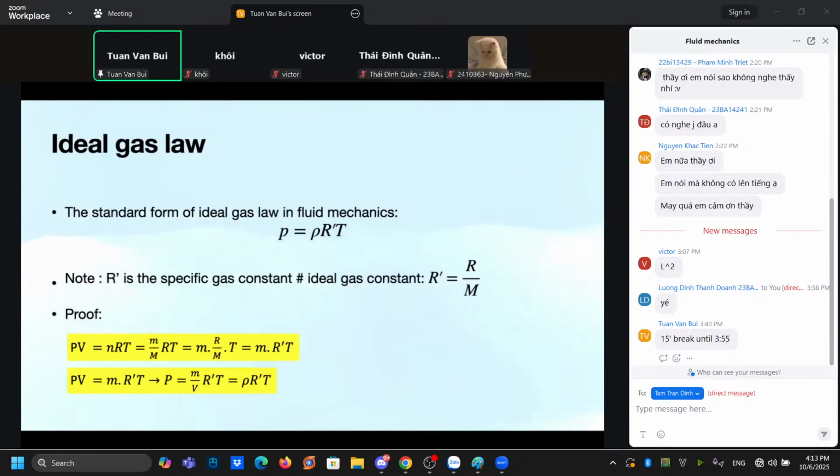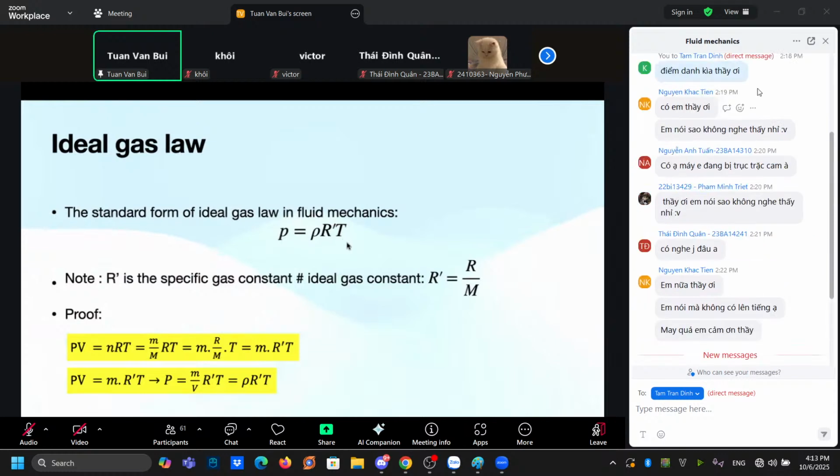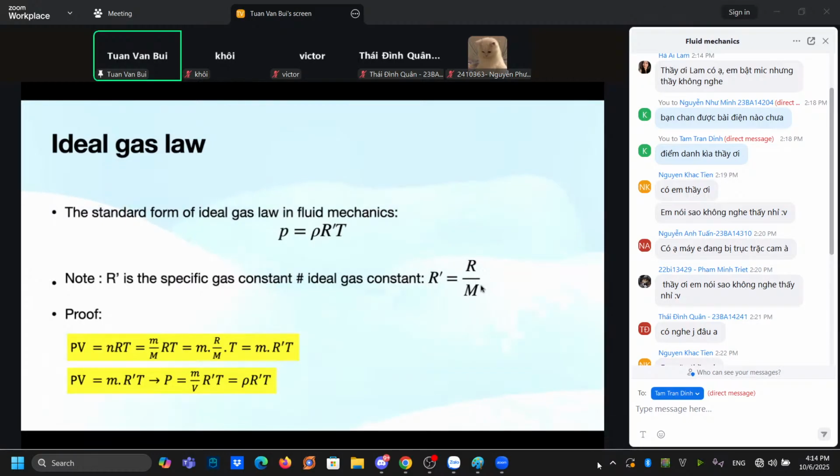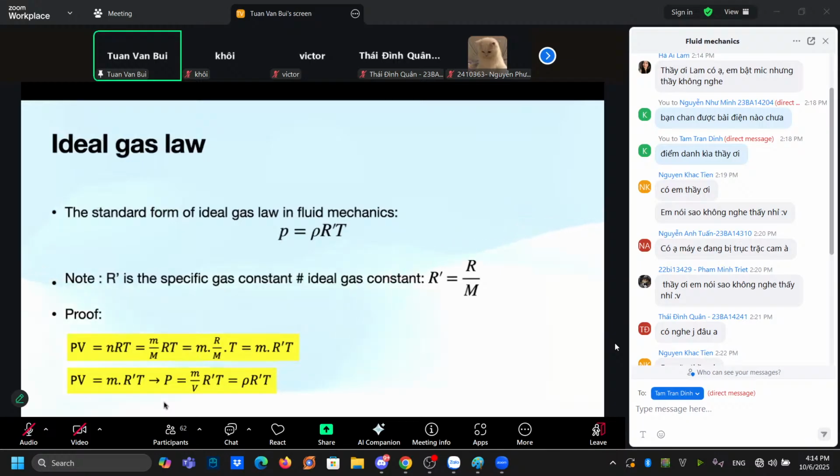And in this textbook, the standard form of the ideal gas law is given as P equals rho R prime T. Note that R prime here is different from R, the universal gas constant, where R prime equals R divided by M. We can prove that equation: because we have PV equals nRT, where n is the number of moles, it equals m divided by big M, multiplied by RT, so equals m R divided by M times T. So we put R prime here. So PV will equal m R prime T.